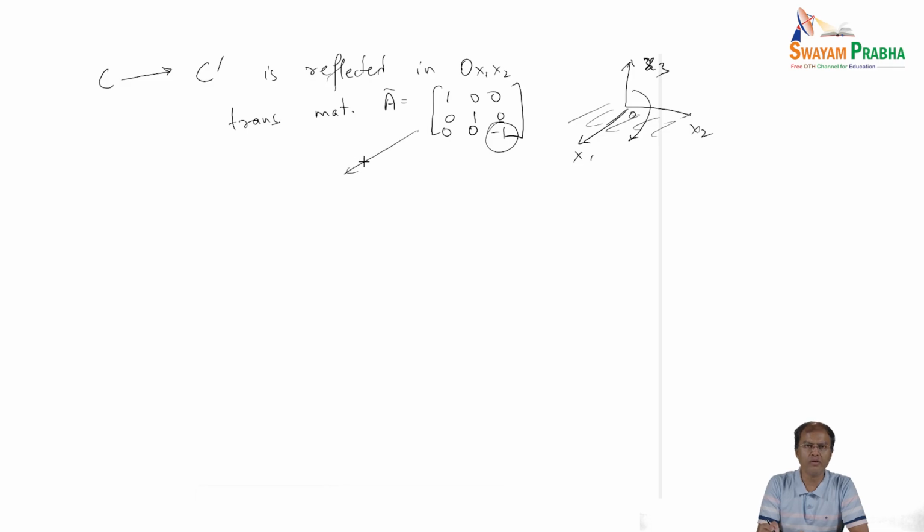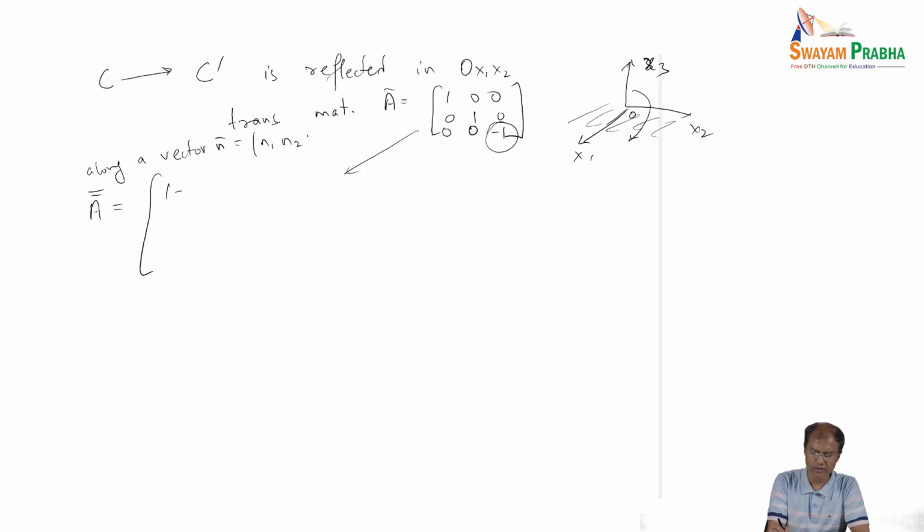So let me write down the general matrix of transformation for reflection. A for the general case is for reflection along any plane which is perpendicular to a vector n with components n1, n2, n3.